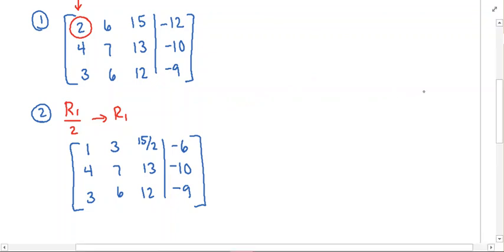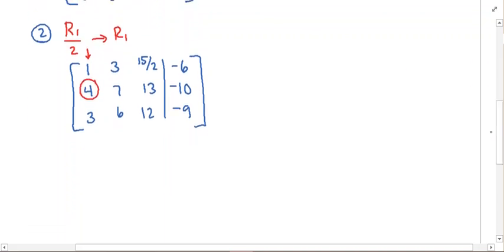All right, continuing on with column number 1. We've got our 1 on the principal diagonal. I need to zero out the rest of the column. So we're going to change this 4. We are going to have to use our third row operation to get a 0 here. What is going to cancel a 4? A negative 4. Since we are in the first column, that means we need to multiply the first row by something.